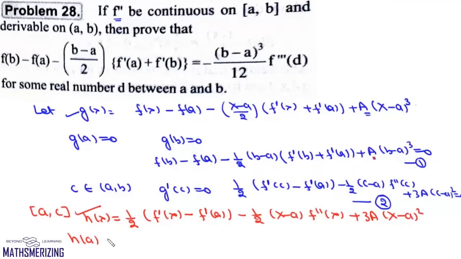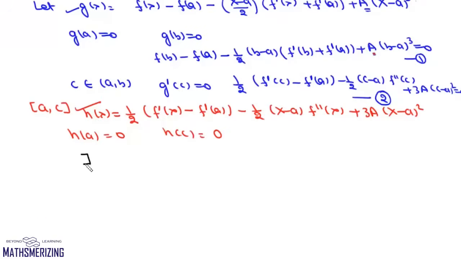Now h(a) is again 0 and h(c) is equal to g'(c), and it will also be 0. So again from Rolle's theorem we can say there exists at least one d in the interval (a, c) such that h'(d) is 0.